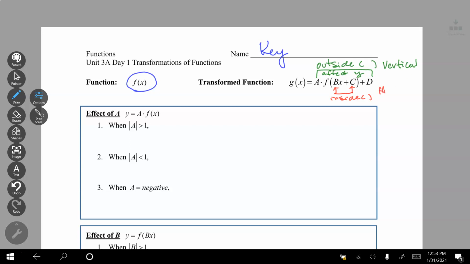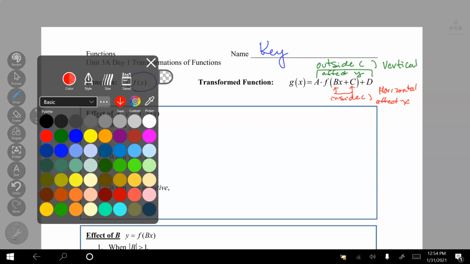It's going to have a horizontal effect because the x-axis is horizontal, and that's inside, and it affects what happens with the x values. A and D are on the outside of the function, and B and C will usually be inside of parentheses with the letter x. So let's see what the four letters do to functions.